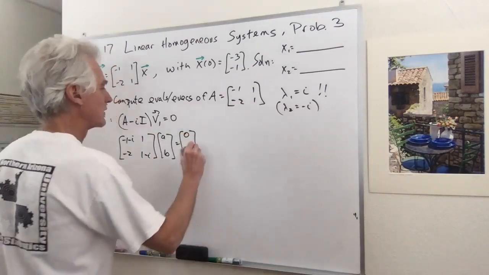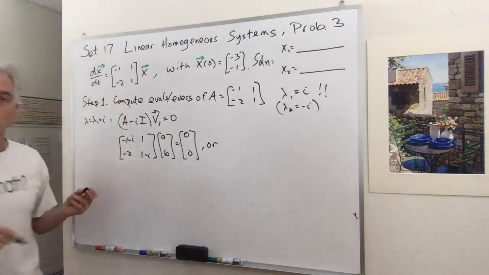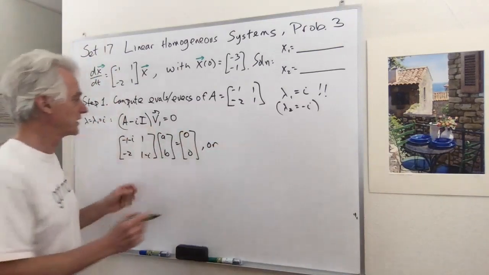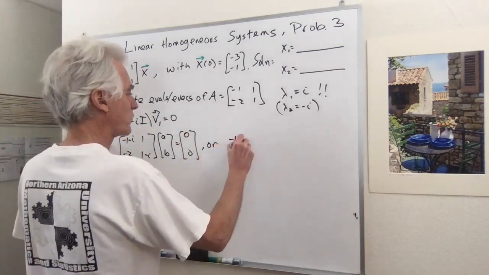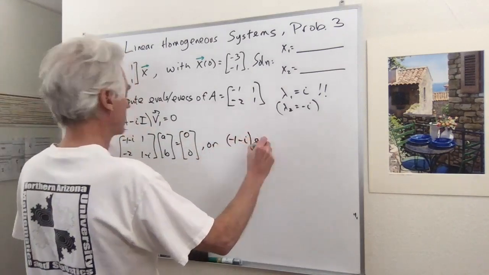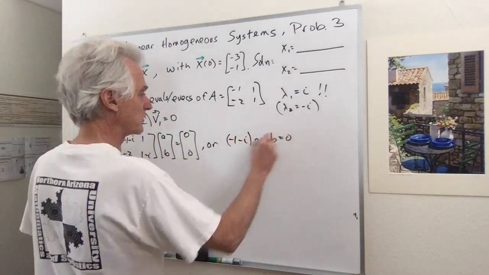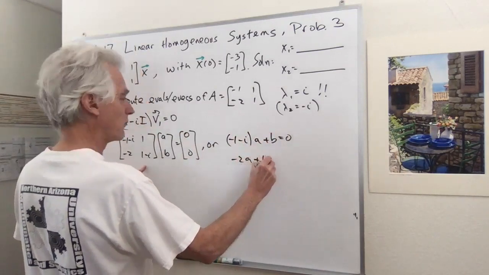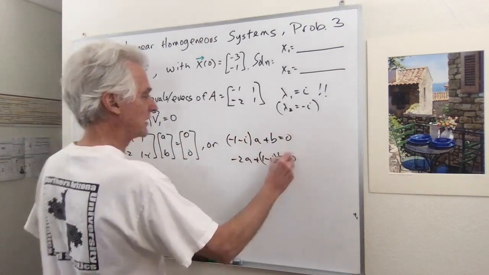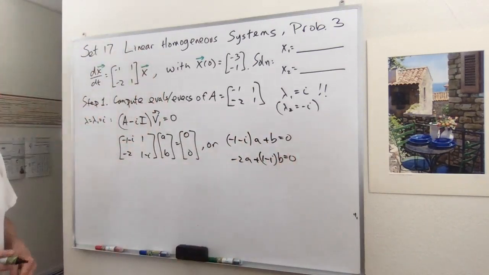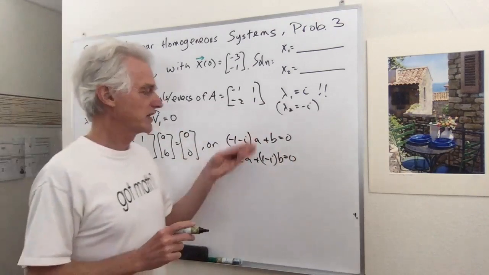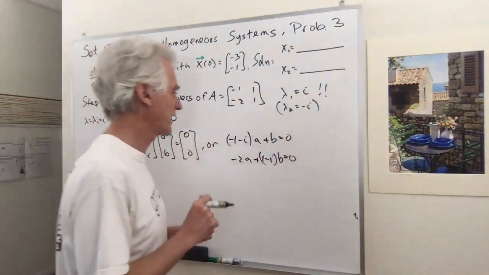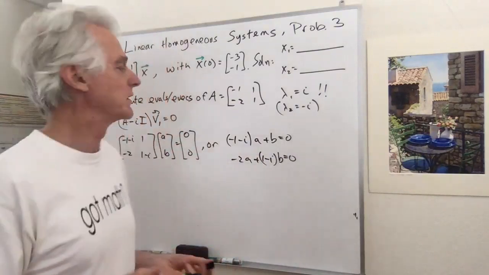So those are the equations for the eigenvector v, which has components a, b. We get (-1 minus i) a plus b equals 0, and we get -2a plus (1 minus i) b equals 0. Even though these look different, they really give us the same information about a and b, and I can choose either one.